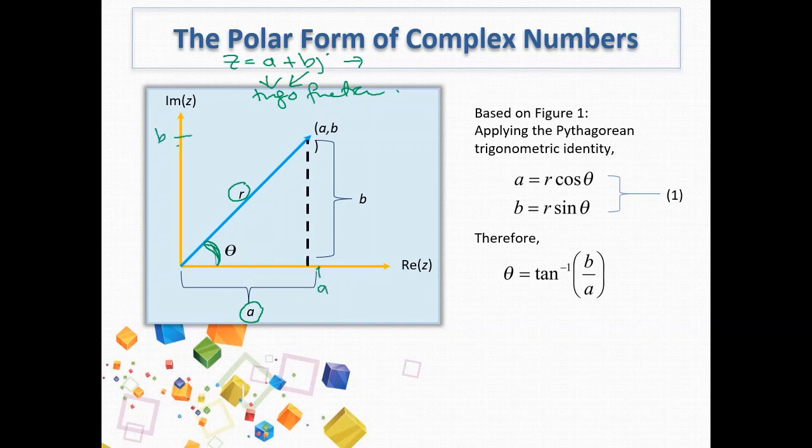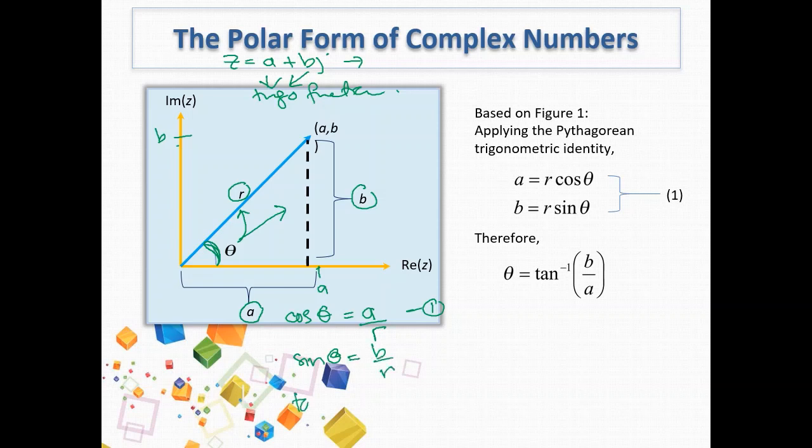So this is the a value and this is b value, and then we will apply the trigonometry identities to find the cos theta. The cos of this theta, cos is adjacent, which is a, over the hypotenuse, which is the r. So this is one equation. Sine theta, sine of this theta is the opposite over the hypotenuse. So this is equivalent to b over r.